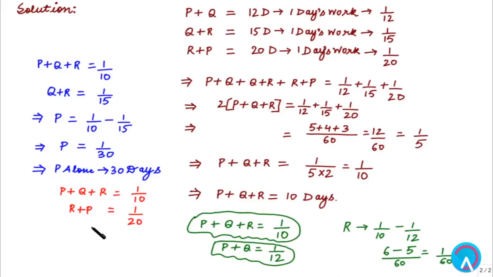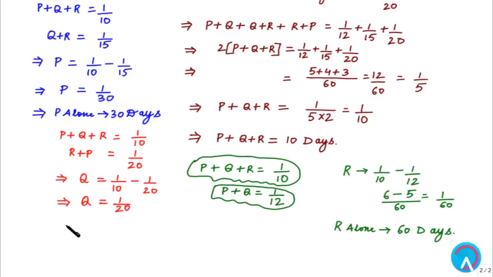So from here, Q's work in 1 day is 1 by 10 minus 1 by 20, and this implies Q will come as 1 by 20. That means Q alone can finish this piece of work in 20 days.